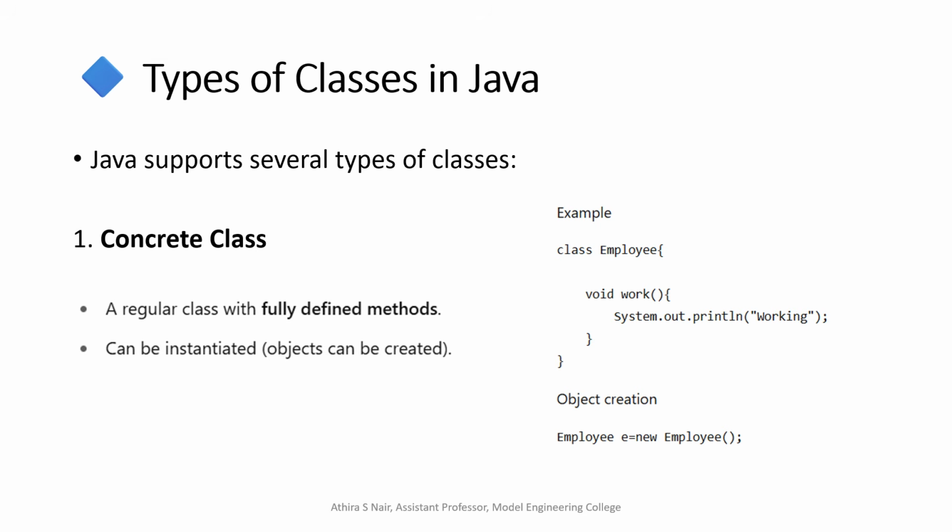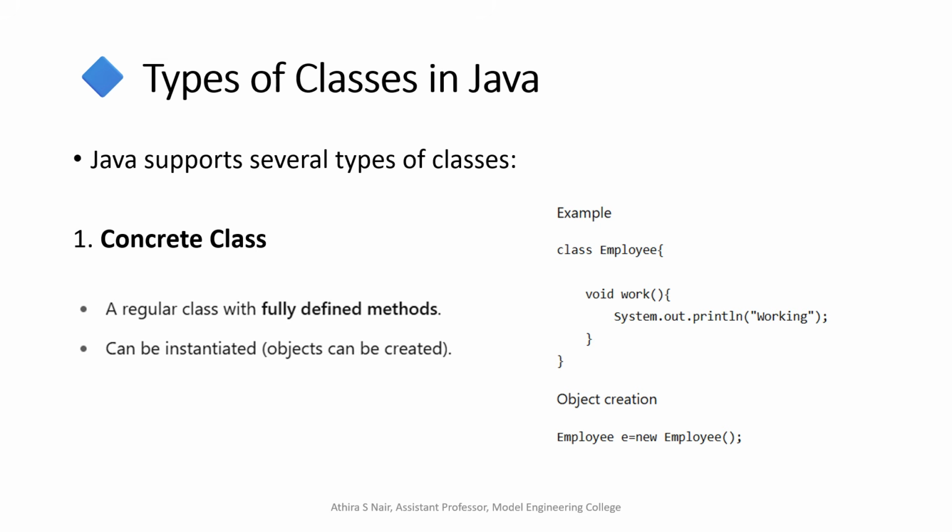A concrete class is a normal class where all methods are completely implemented and objects can be created directly. This is an example: class Employee. Work is the method inside the class, and we are printing "working". When we want to create the object, we can create it by Employee e is equal to new Employee. This is the type of class we use most often.